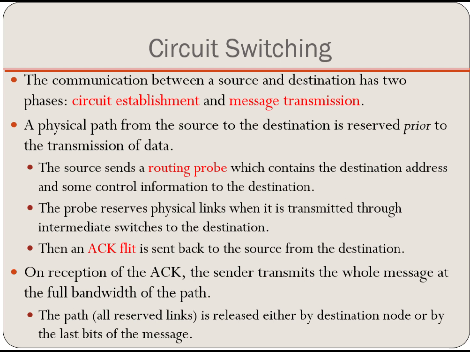When the probe goes to the destination, and then the acknowledgement goes through in the reverse order back to the source, during this acknowledgement delivery, they also reserve the path. So when you receive the acknowledgement, the sender will transmit the whole message through this reserved circuit. And then the path will be released.